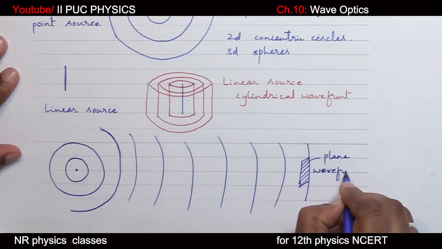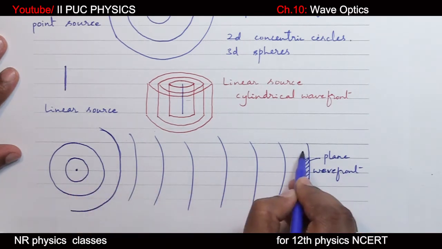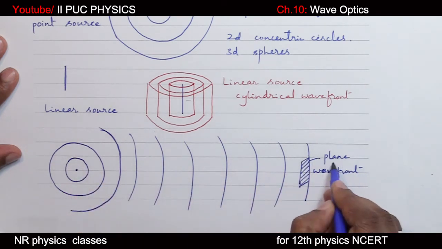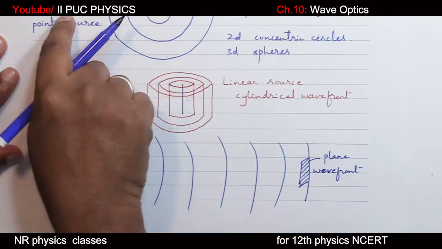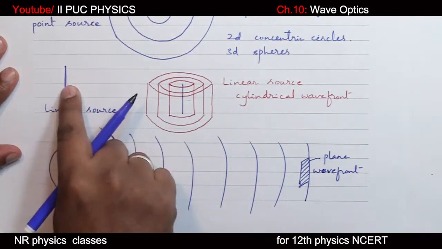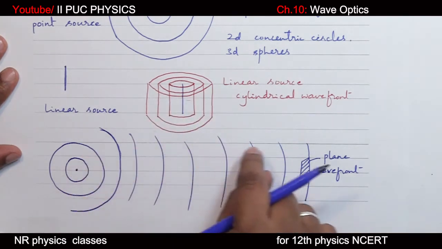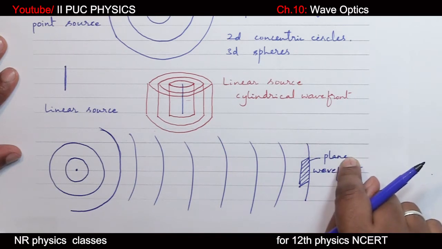So any wavefront at a large distance from the source is a plane wavefront, meaning it looks planar. Point source gives spherical, linear source gives cylindrical, but at finite distances. If the distance increases and becomes more, then it becomes a plane wavefront.